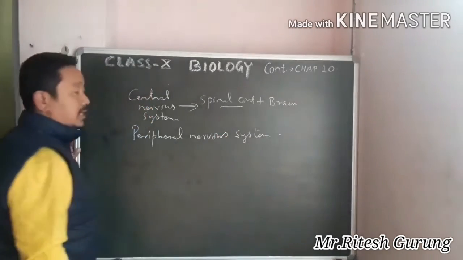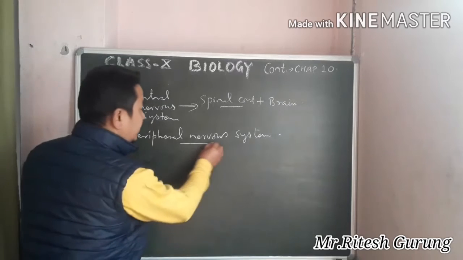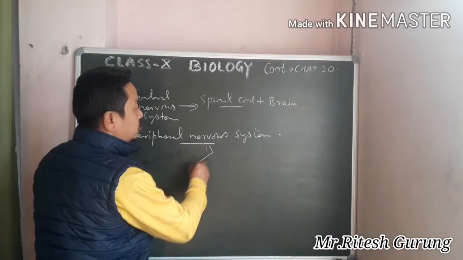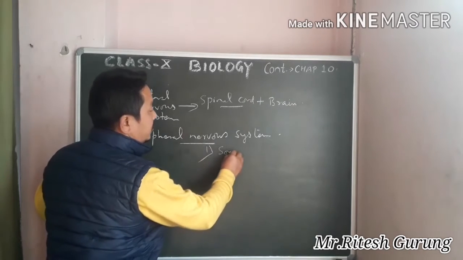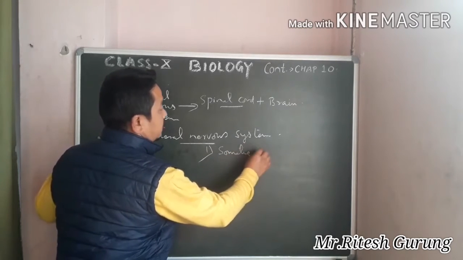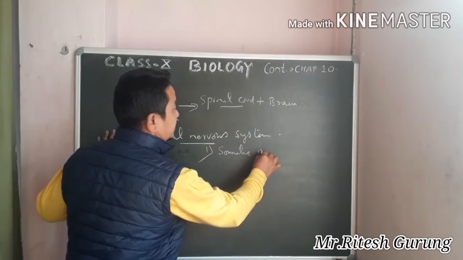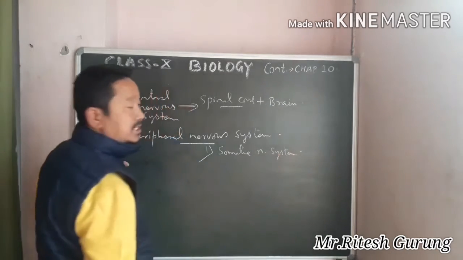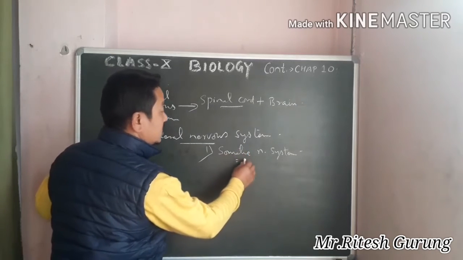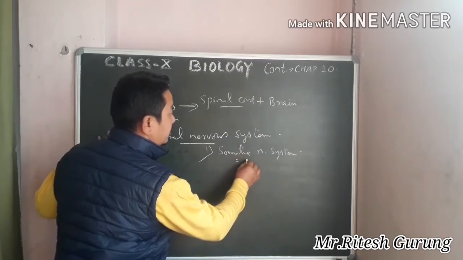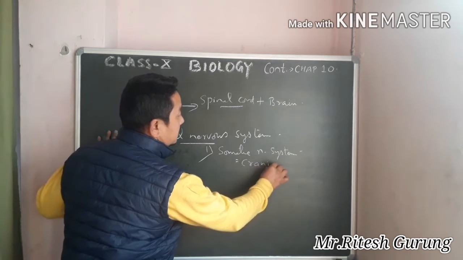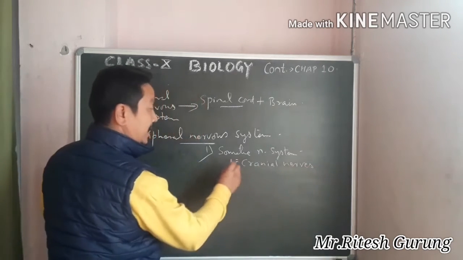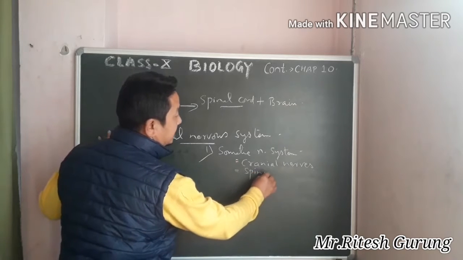This peripheral nervous system is further classified into two, that is the somatic nervous system, consisting of cranial nerves and spinal nerves.